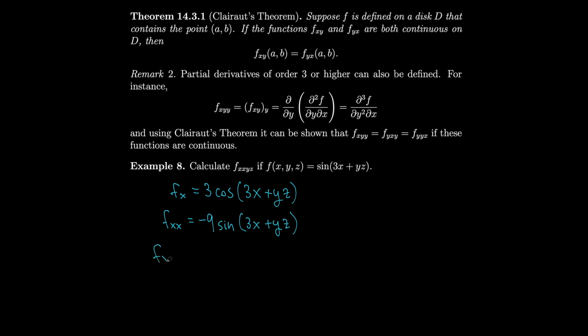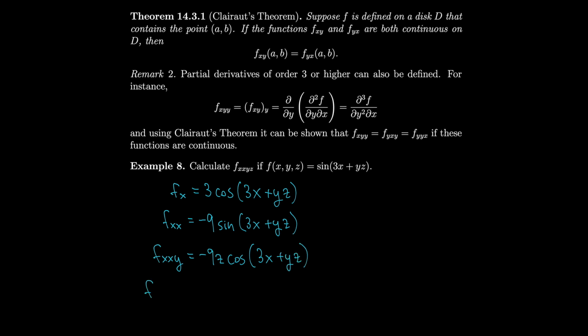Okay, how about we go now with respect to y? With respect to y, this is constant and this is constant. So z is the constant I pull out. So I get minus 9z times the cosine of 3x plus yz.